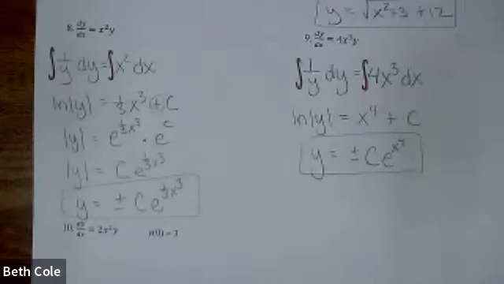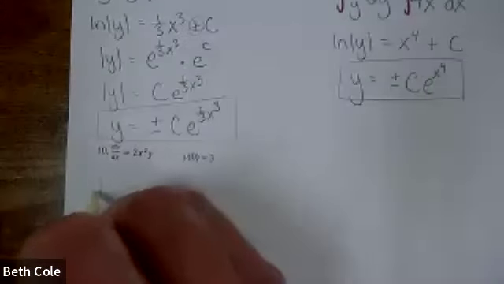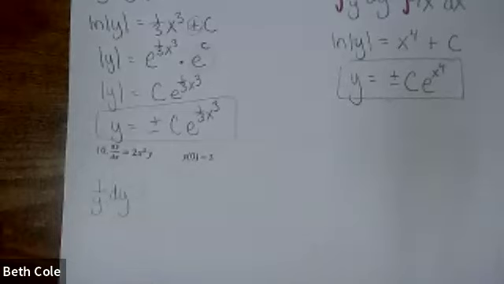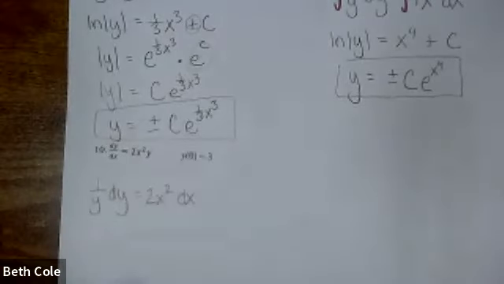What's the difference with the last one? What did I throw in there? So we're not going to put a plus minus. We're going to get one single answer, okay? So divide over your y. It'll be 1/y dy. Again, I made 8, 9, and 10 all very similar, so you could do a how are these similar, how are these different kind of thing. Equals, and then on the right side, we would have 2x squared dx.